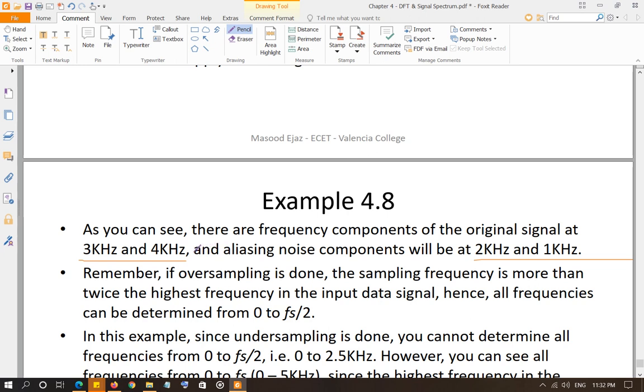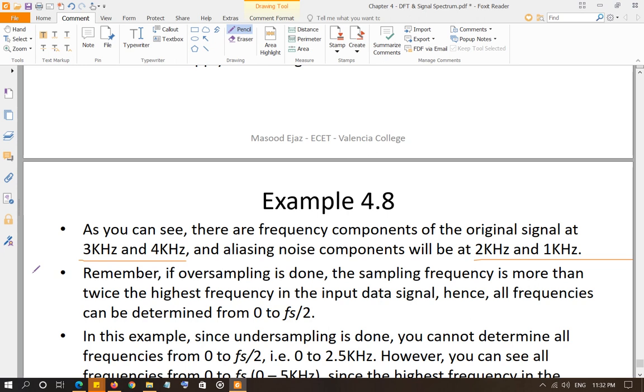Because if you are oversampling, your sampling frequency is more than twice the highest frequency of the input signal. That means if your sampling rate is 4 kHz and it is oversampled, the highest frequency has to be less than 2 kHz. So between 0 and Fs by 2, which is the folding frequency, you can see all the input frequencies. That's what we've been discussing. All you have to do is go from 0 to Fs by 2 if it is oversampled.